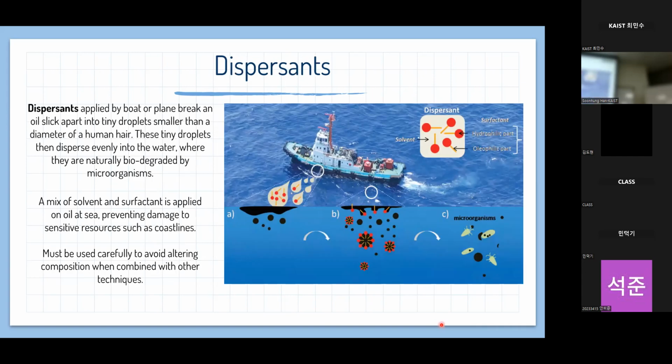Dispersant, applied by boat or plane, breaks an oil slick apart into tiny droplets smaller than the diameter of a human hair. These tiny droplets then disperse evenly into the water, where they are naturally biodegraded by microorganisms.